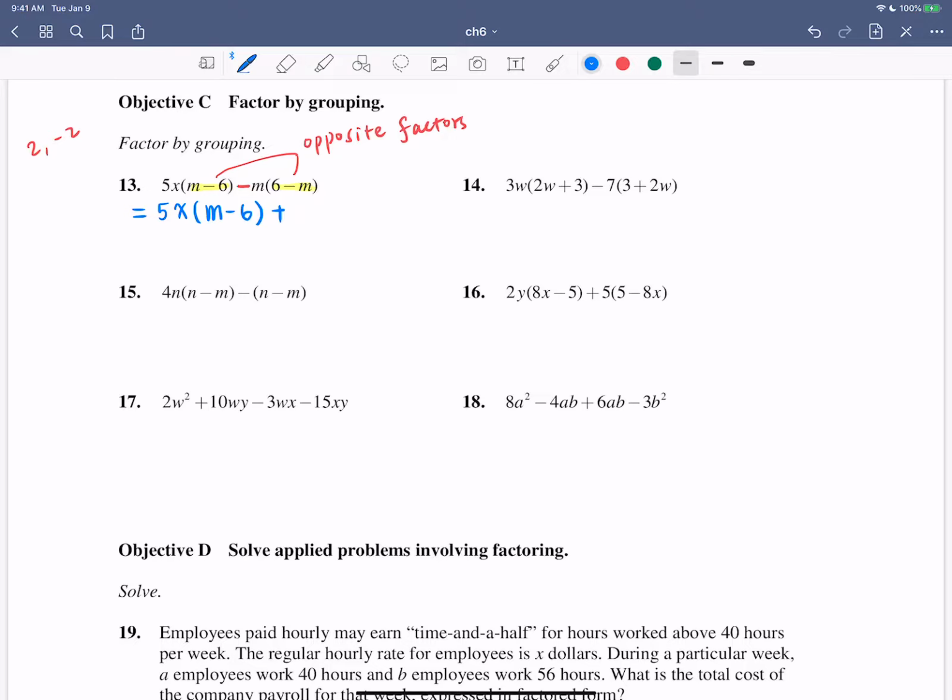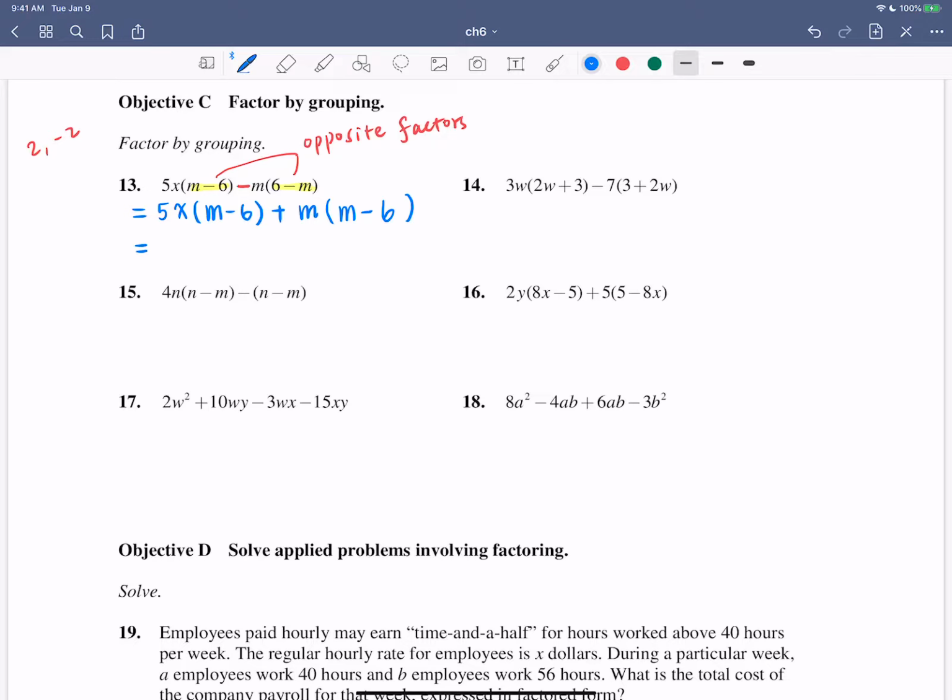And then I'm going to copy the m because it's outside. As for the 6 minus m, I'm going to rewrite that as the opposite factor of this, which is m minus 6. So that's basically what I did. I rewrite 6 minus m as its opposite factor by taking out a negative 1. And because we have a negative sign before 6 minus m, negative and negative becomes positive.